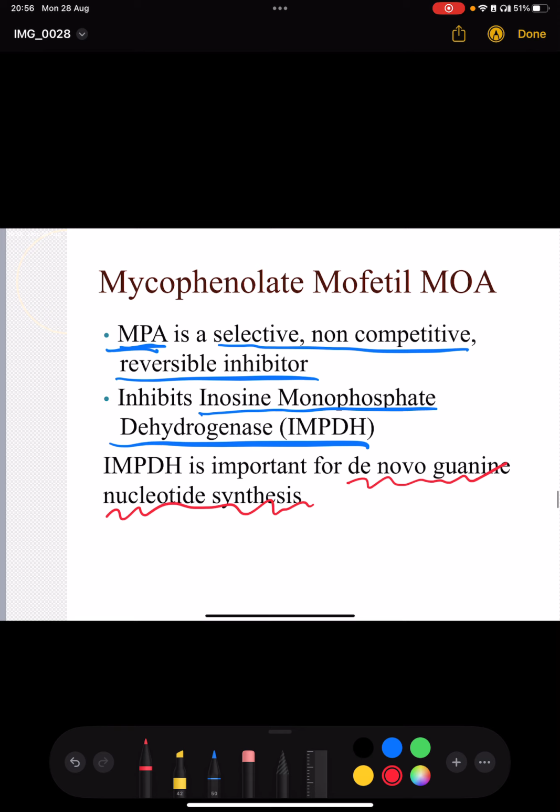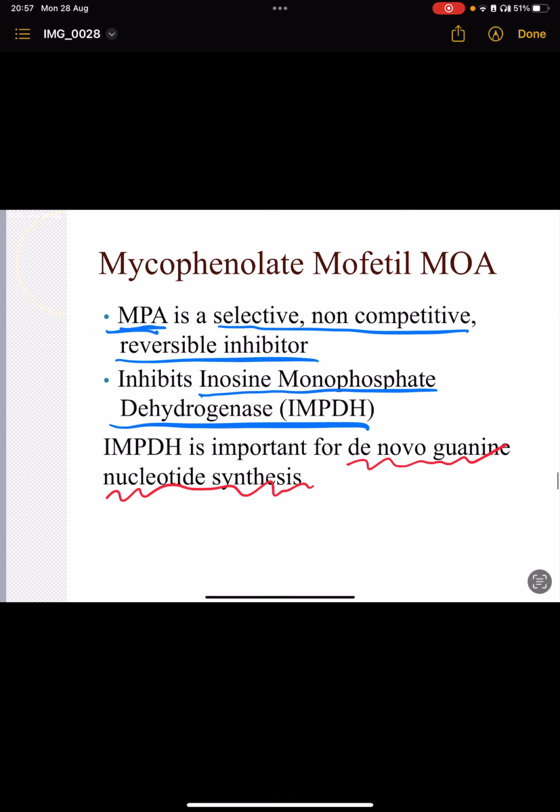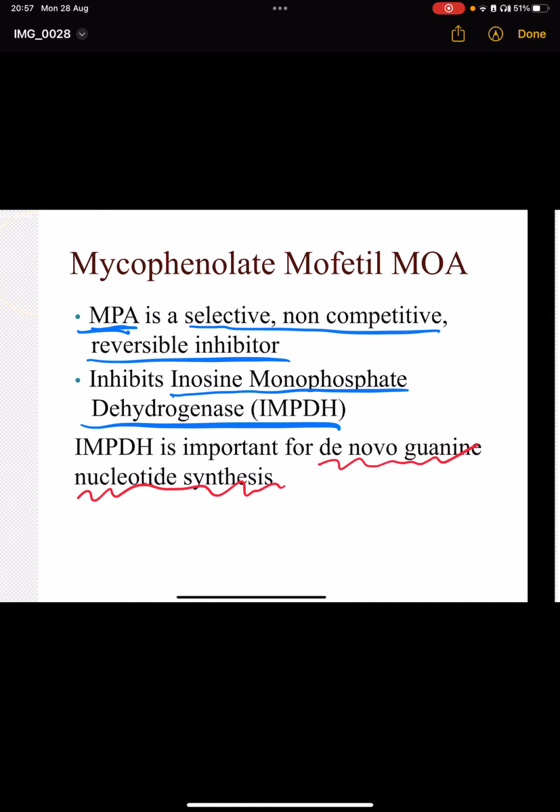Guanines are important because you want to make more DNA to proliferate the cell. So the cell wants to proliferate by creating more guanine and adenine and all the nucleotides, all the nitrogenous bases. You're stopping de novo guanine nucleotide synthesis by using mycophenolate mofetil by inhibiting IMPDH, inosine monophosphate dehydrogenase.